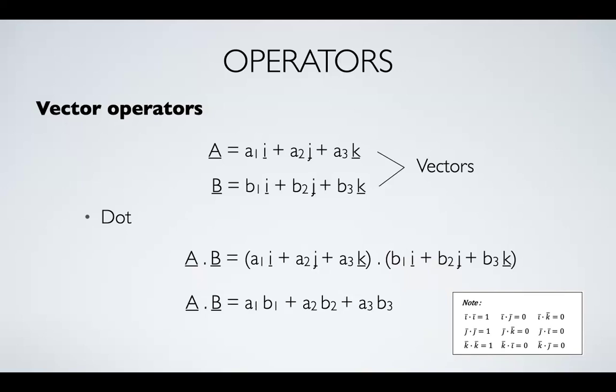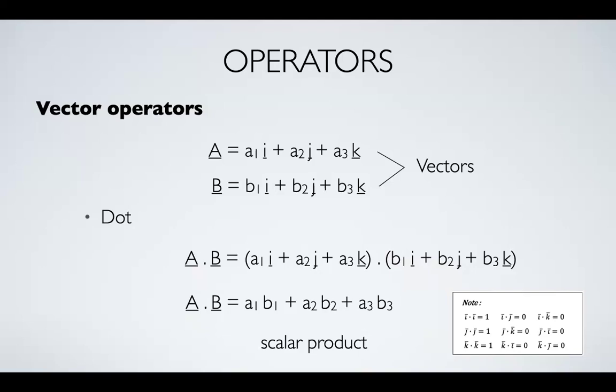Since A1 i multiplied with B2 j is going to be 0 because i dot j is equal to 0, we'll end up having only 3 terms here. And for vector A dot vector B, is the product scalar or vector? Scalar, definitely. We don't have the unit vector defined anymore. So the product is a scalar product.